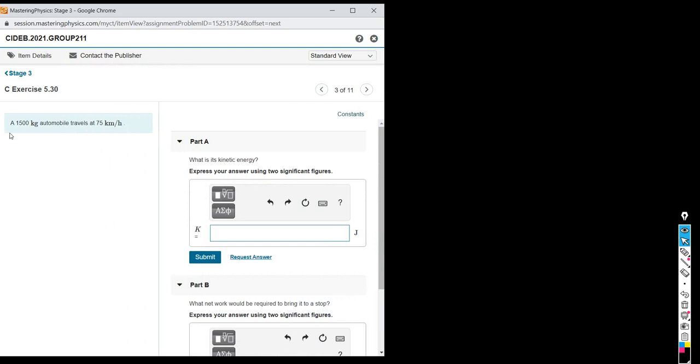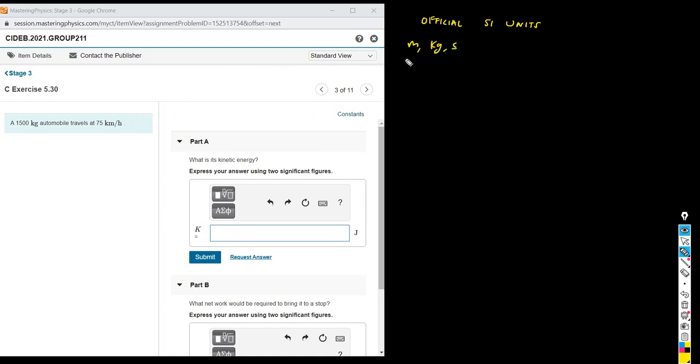Okay, this one. We have a 1500 kilogram automobile that travels at 75 kilometers per hour. What is its kinetic energy? So remember, guys, in order to calculate these types of things, you need to use official SI units, the official units of the International System, which are the meter, the kilogram, and the second.